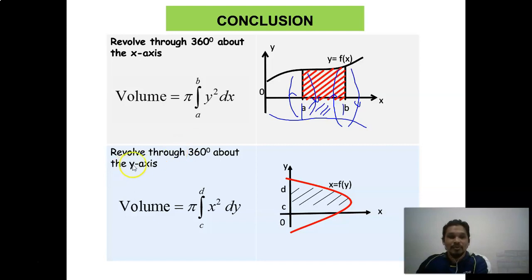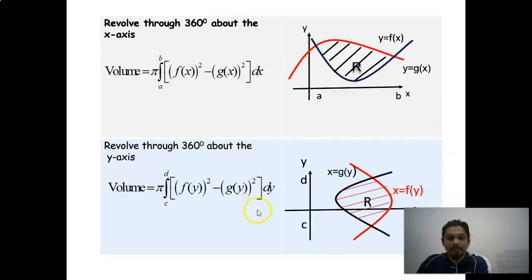We also revolve this curve about the y-axis, and this is the formula. And for both of these graphs, the area is bounded by the two curves, to the x-axis and to the y-axis.